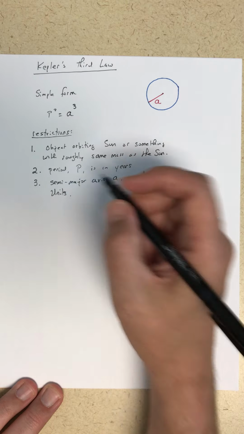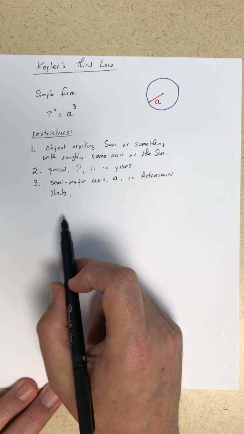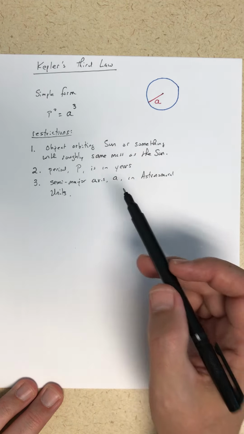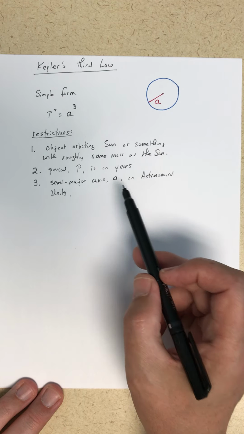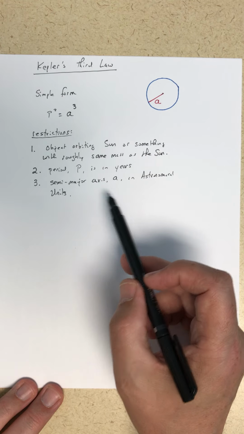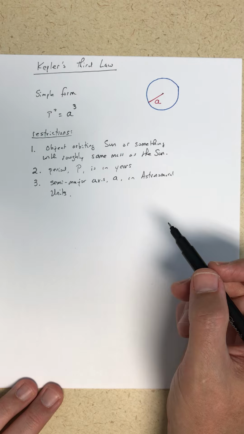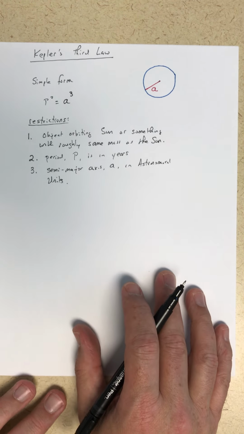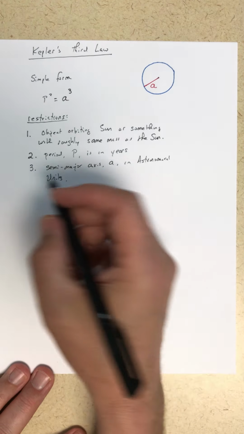Again, if it's not in AU, astronomical units, then you need to change units from whatever it is measured in into AU. All right, so let's look at a few examples of applying this.